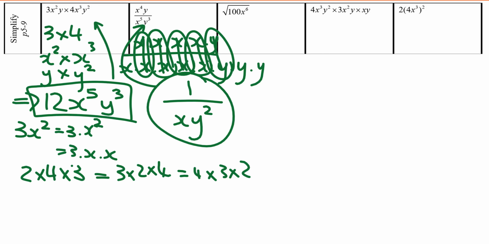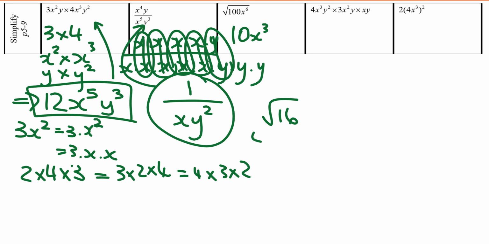Okay, so what is the third one? How do we figure the third one out? Well, what's the square root of 100? 10. And what's the square root of x to the power of 6? x to the power of 3. Why does that work? Well, if you think about it, what's the square root of 16? 4. Why?